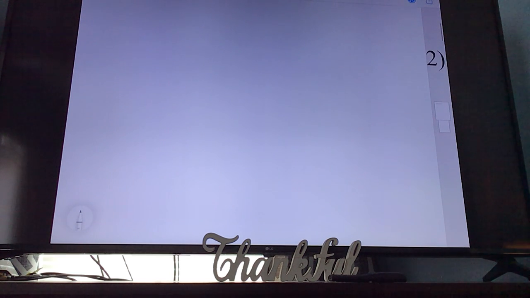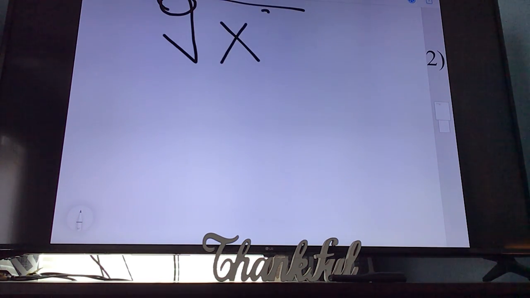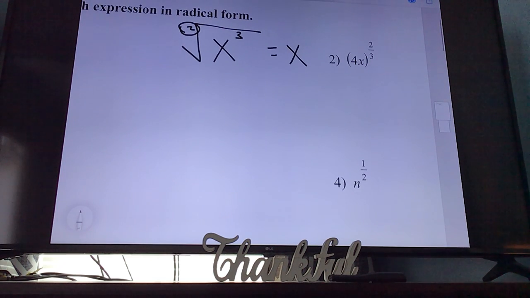The first is in radical form, okay? And if there's no number here, it's a 2. So if we have x to the 3 and a 2, to write that in exponential form, we get x to the, and we do the inside over the outside.